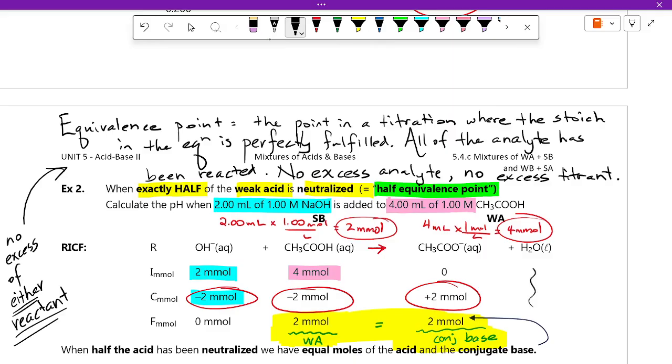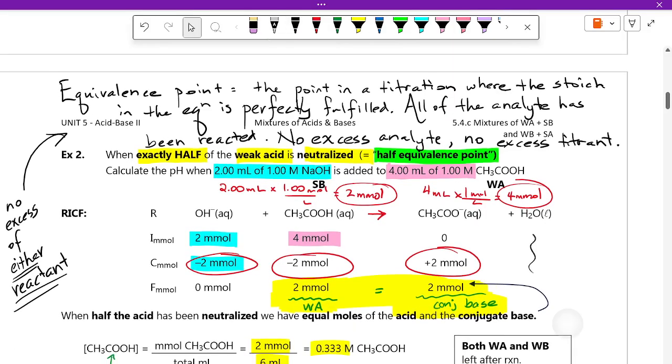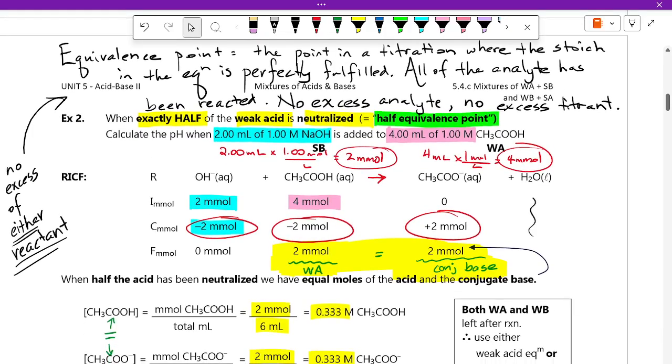Now, if you have a strong acid and a strong base and you react them at the equivalence point, what will the pH be? 7. Yes? Now, since the equivalence point is when all of each reactant has been reacted, the half equivalence point is whatever is in your flask has been half used up.